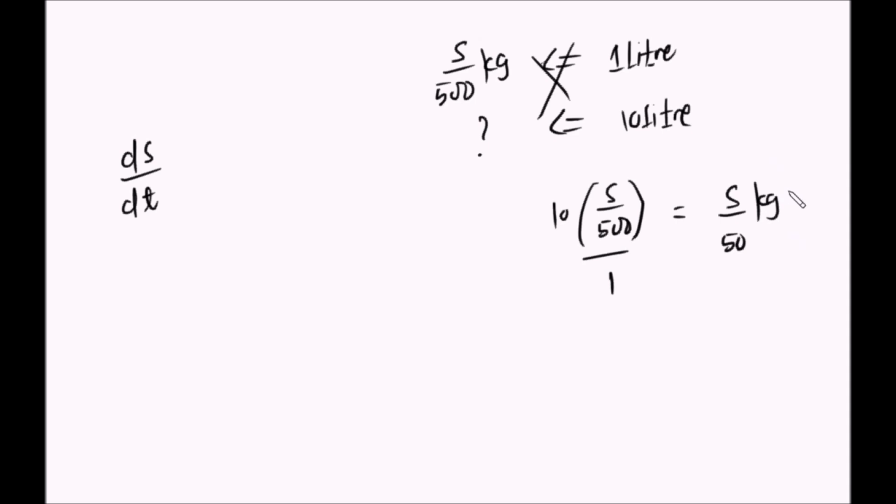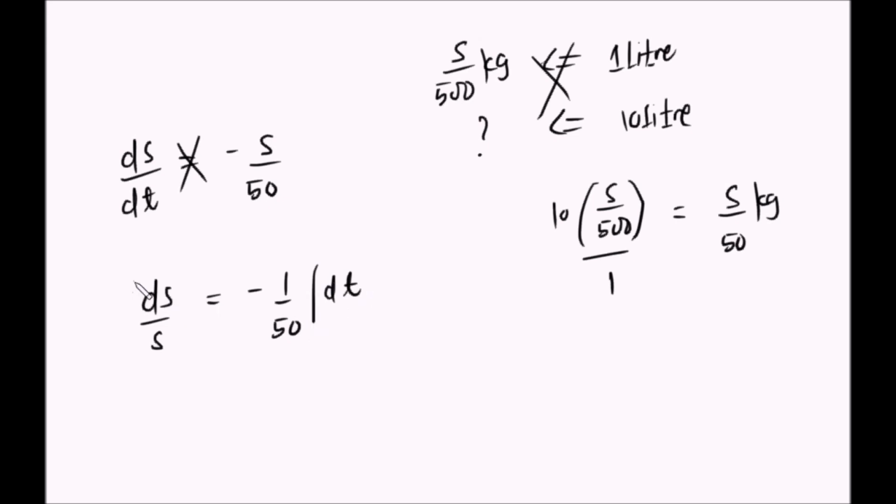So S over 50 kilogram of salt inapungua kila dakika. So if you cross and multiply now, you get dS over S ni sawa na negative 1 over 50 dt. If I apply integrals, I get ln of S ni sawa na negative t over 50, all of this plus constant.